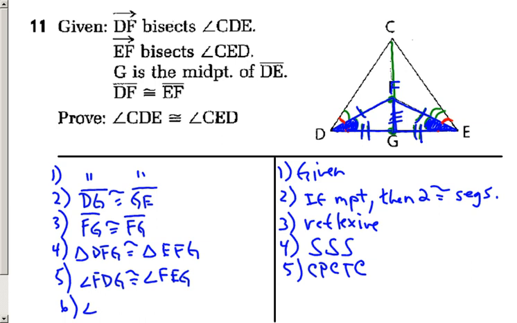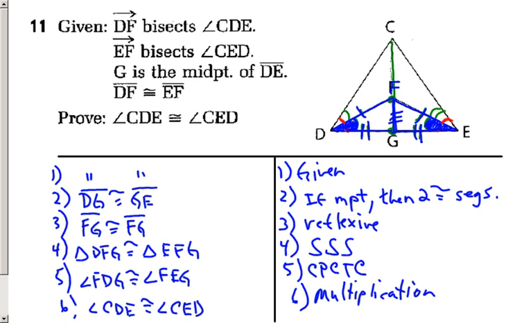So angle CDE, let me write that more clearly, is congruent to angle CED by the multiplication property. Well, I don't usually write multiplication.